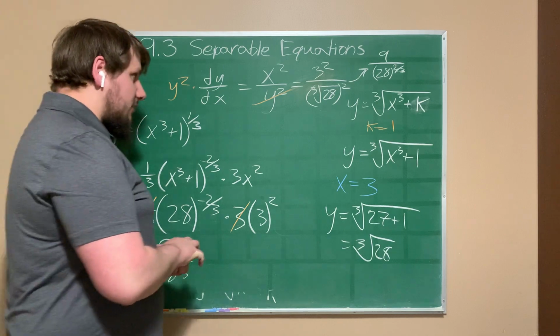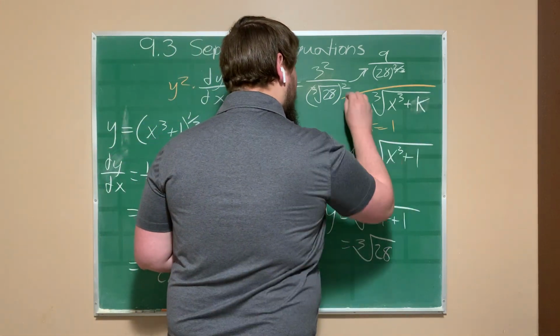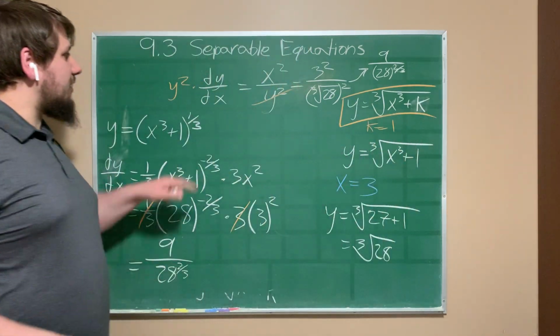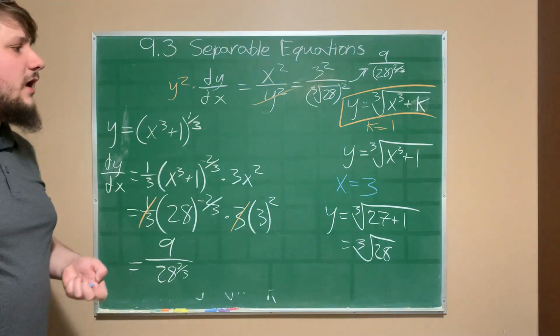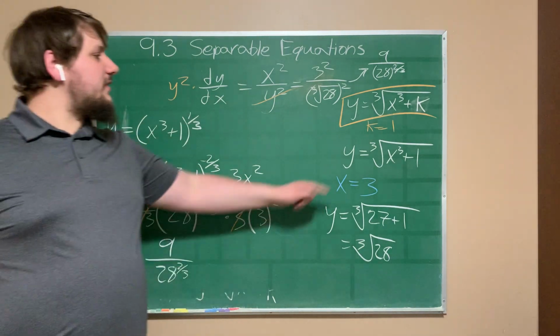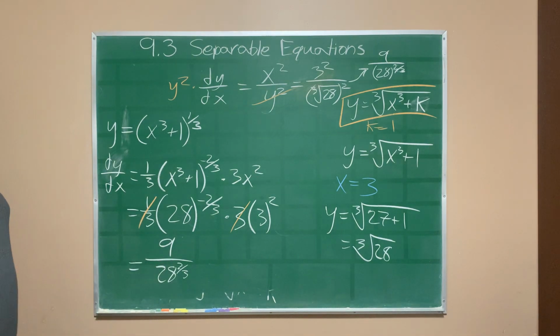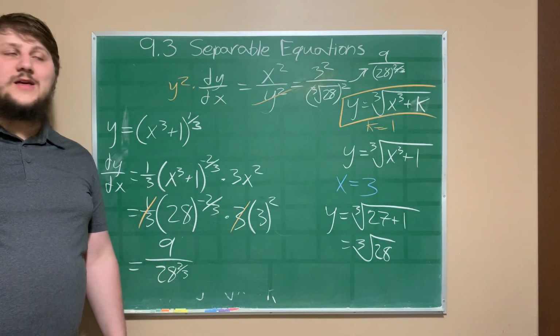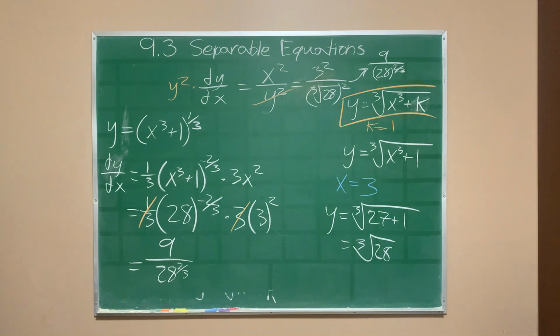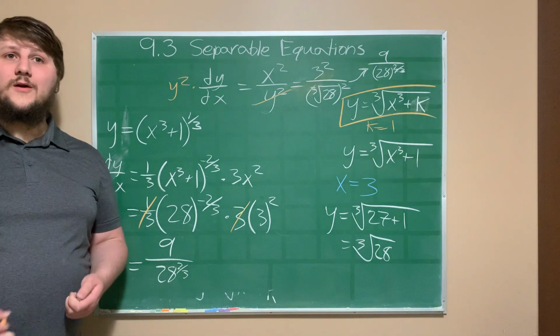Every function that looks like this is a solution to this equation right here. You can try on your own practicing with different values of k. Make k equal to -4 or -12.5, right? You can come up with any number you want for k, and this process should still work.